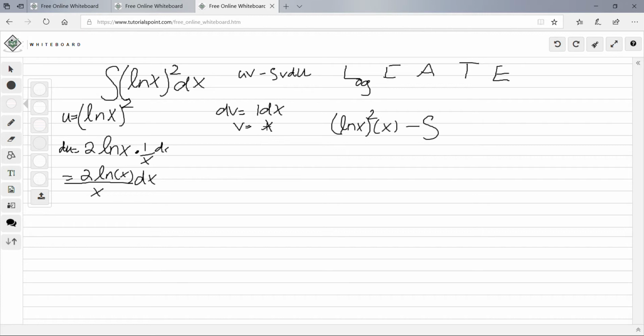Here's our v and here's our du, so it's x times 2 ln of x over x dx. If you were to clean this up, it will look something like this. 2 ln of x times dx. Don't forget this part, right?